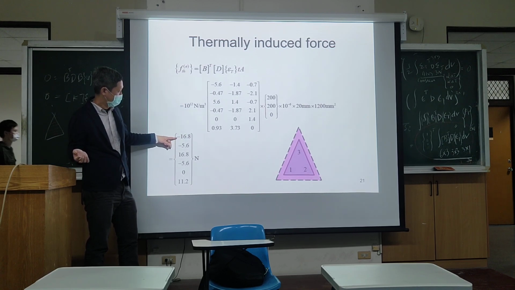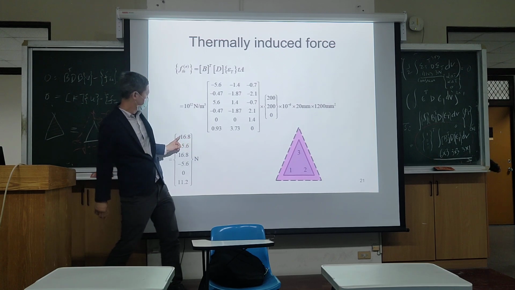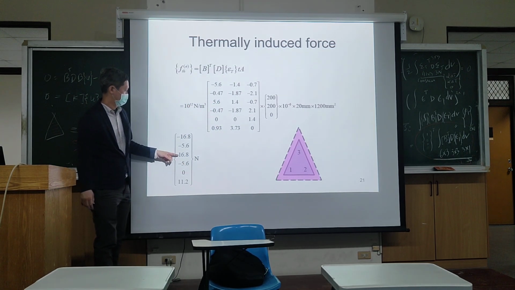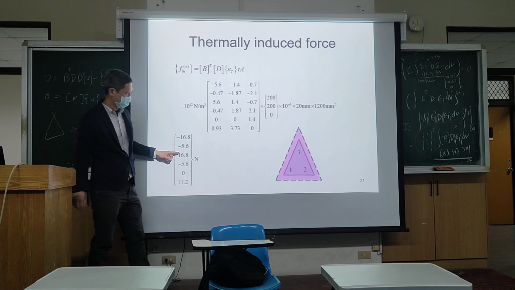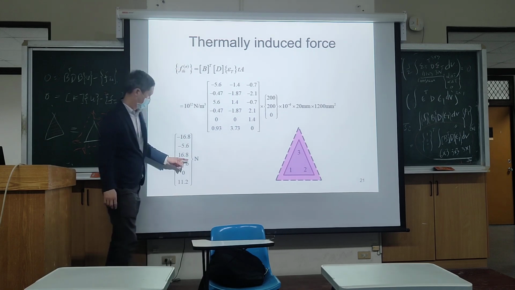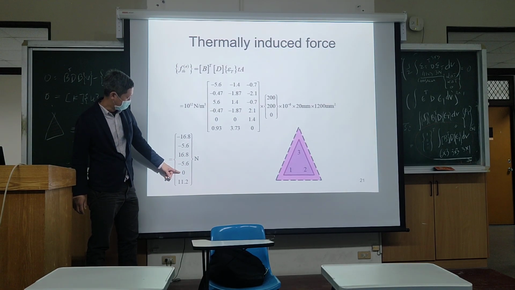You see, node one horizontal displacement is negative. Okay. Node two horizontal displacement is positive. Node three. Okay.